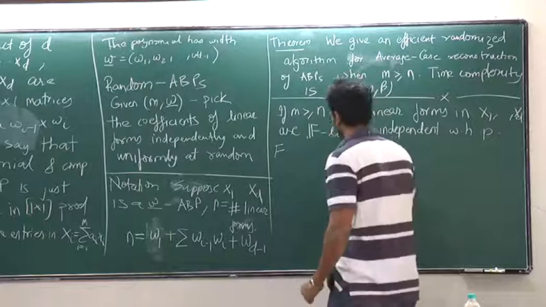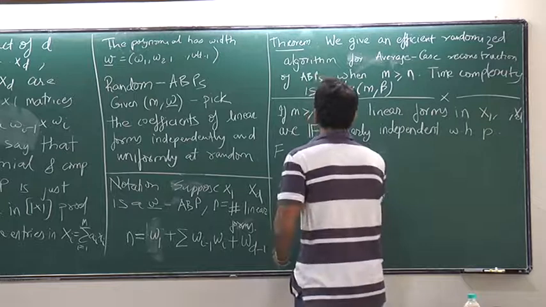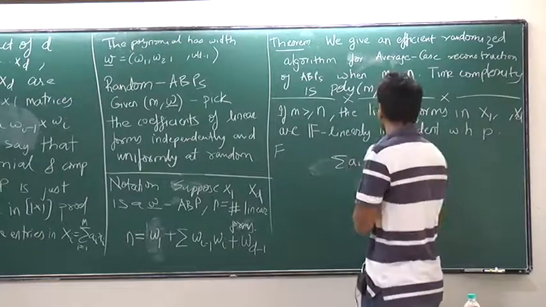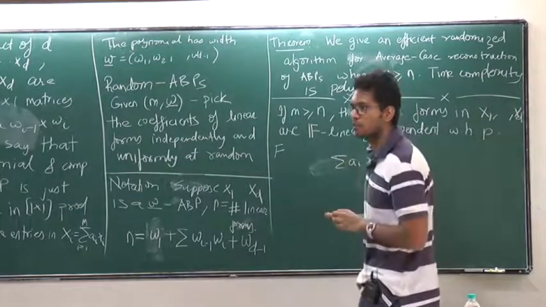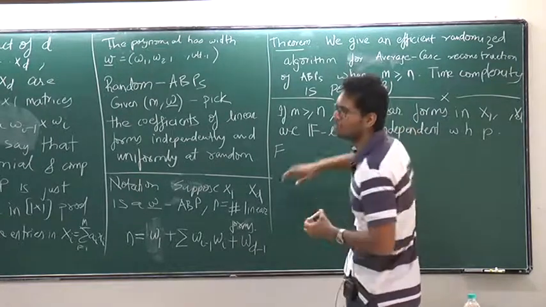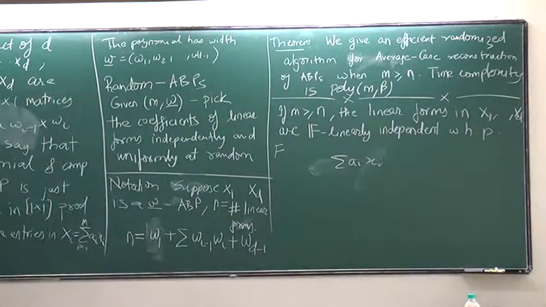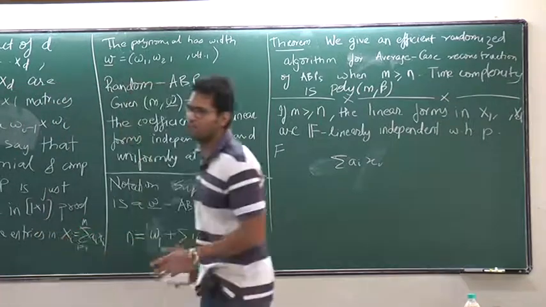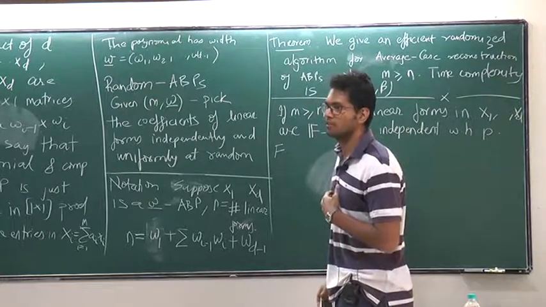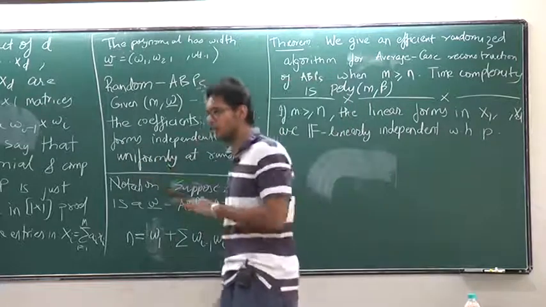So I think there is some confusion. The linear forms are summation ai xi, and you pick the ai's independently, and the ai's are of bounded bit length, beta. Not beta up gamma, but yes. All I meant was that if you fix beta alone, then the ai's could still potentially come from an infinite set. But you don't fix beta, you fix the bit length of the ai.